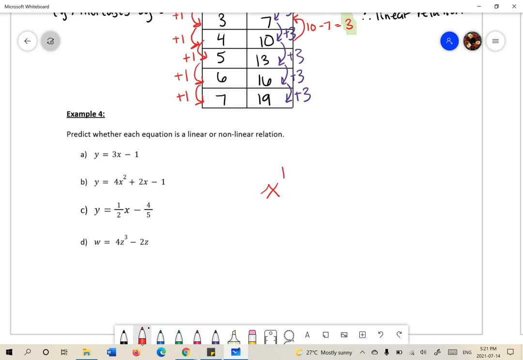And I've told you in the past that when you have an exponent 1, you just won't write it. So you're either looking for exponent 1 or no exponent at all, which would then tell us that that equation represents a linear relation. The equation in A is linear because of the exponent 1 that's invisible, but it's still an exponent 1 on x.